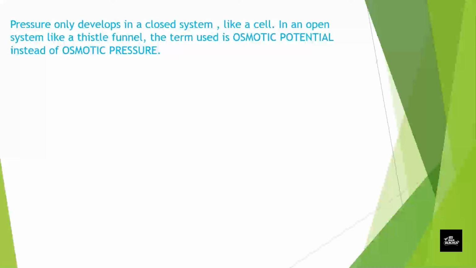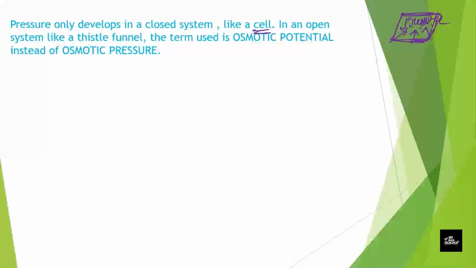Pressure develops in a closed system like a cell. Suppose something is closed in a box like this, and it has no passage or holes, no place where air can pass through. In this particular system, pressure is going to develop.